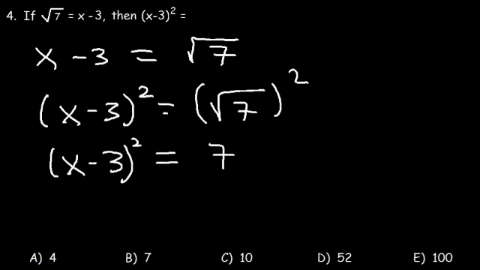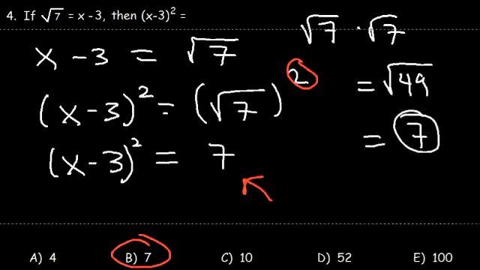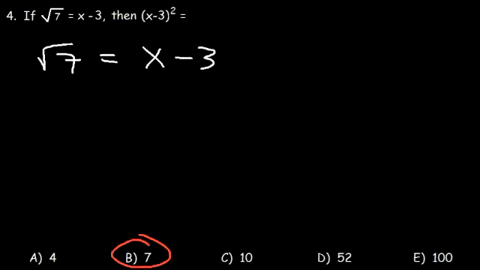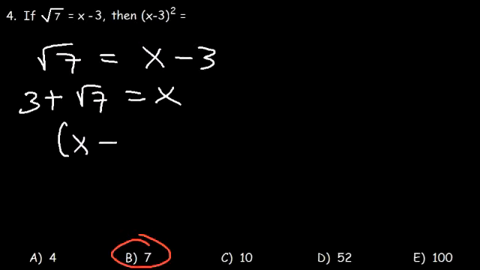Now, let's just see what would happen if we solve it using the approach that we used in the last problem. So, starting with this expression, we could solve for x by adding 3 to both sides. So 3 plus root 7 is equal to x. So now we can try to find the value of x minus 3 squared.